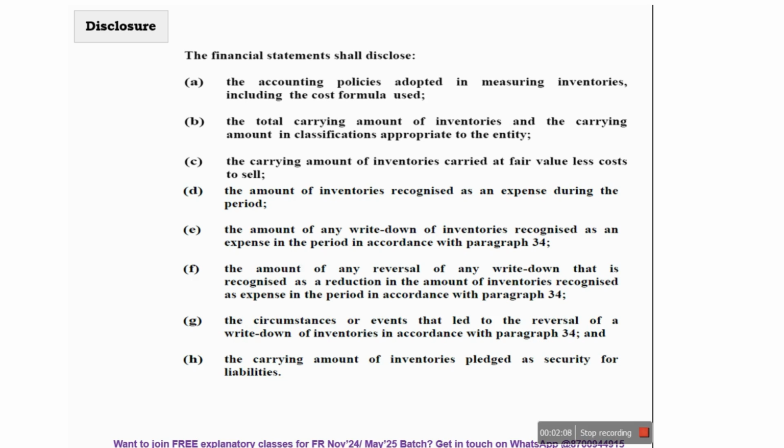This is the basic introduction of IND AS 2 Inventories that we have discussed.